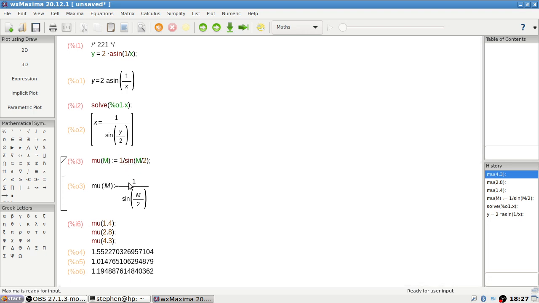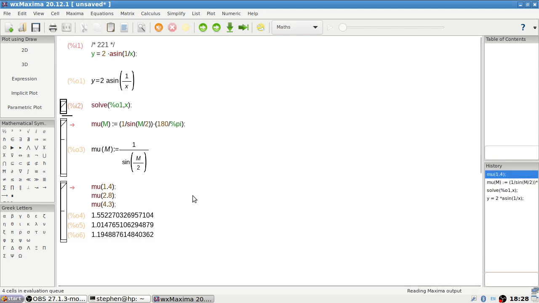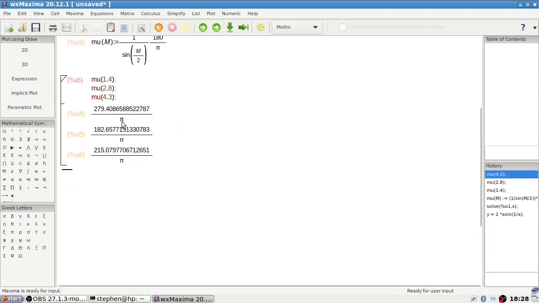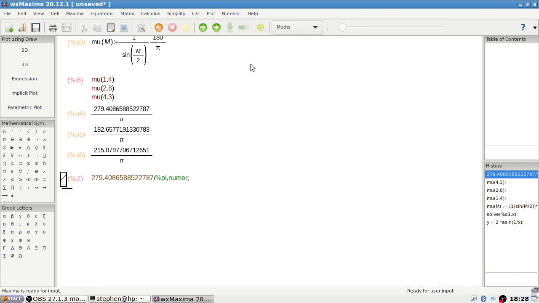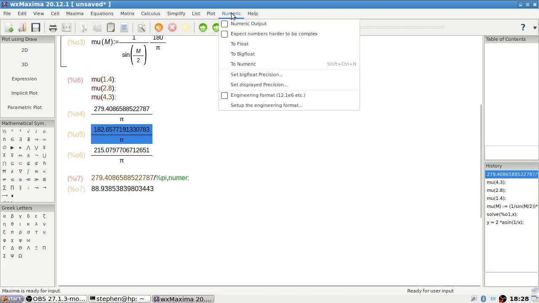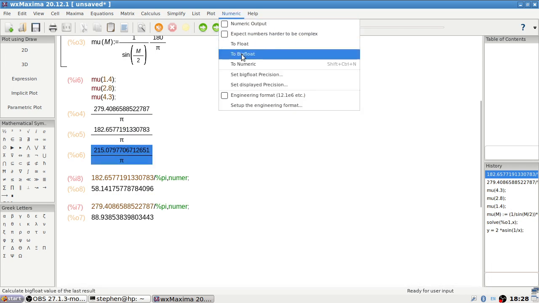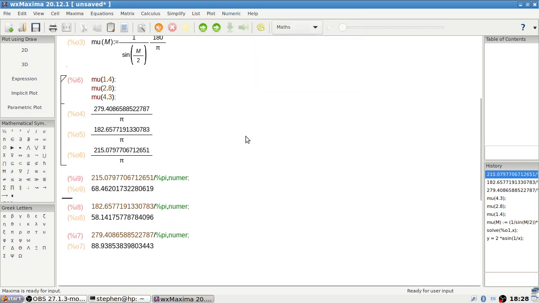Because this is in radians, to convert it into degrees I can multiply by 180 over pi. Now if I run everything again, I should get degrees. Yes, and now I'll have to numeric, and numeric.